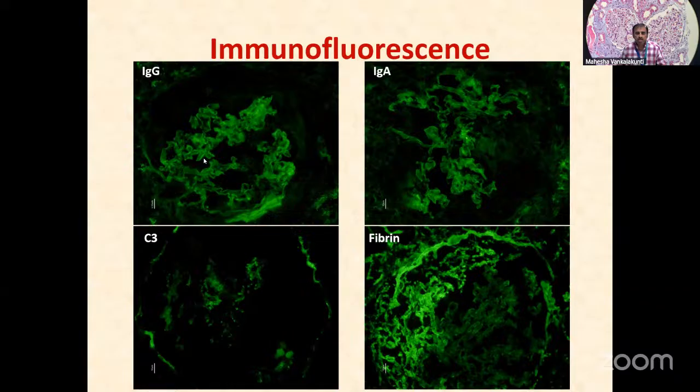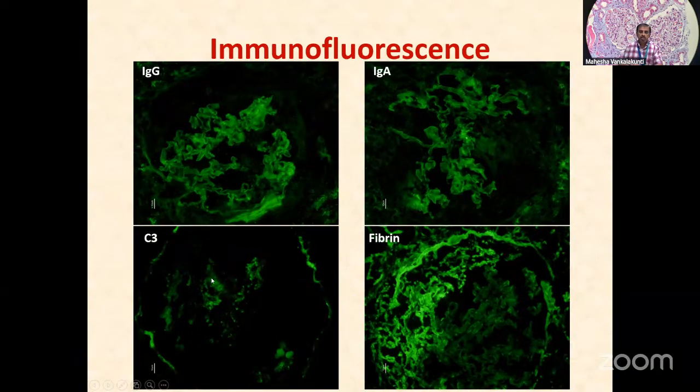None of these antisera are lighting up in this glomerular compartment, whereas the fibrinogen is highlighting the portion where the crescent is being formed. The underlying capillary walls are completely negative with the fibrinogen.